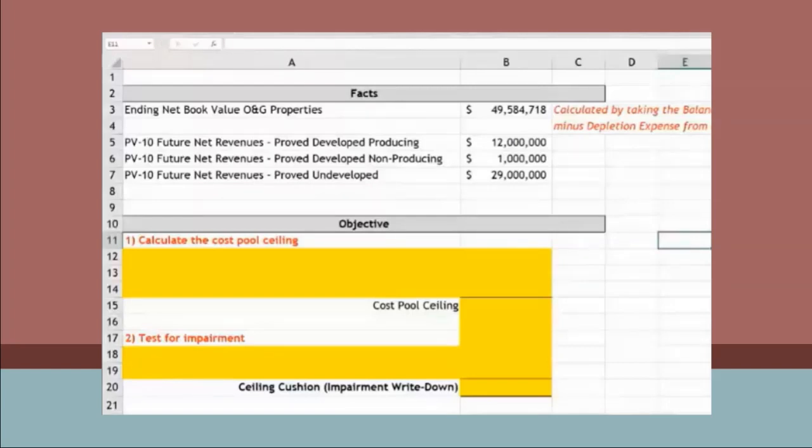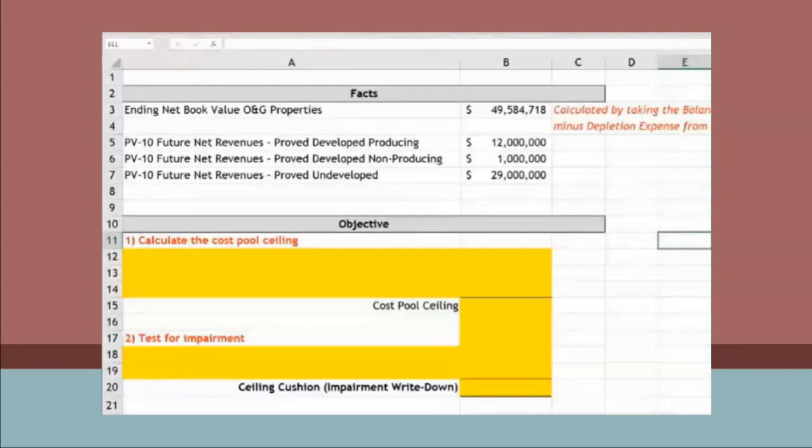So if you're doing this in practice, depletion comes first. Get your depletion expense, then do your impairment assessment. So watch. You take what the costs were at the beginning, and you factor in what was just calculated as depletion in order to get the net book value to be compared to the cost pool ceiling. Okay? So that's one calculation you need to do right off the bat.